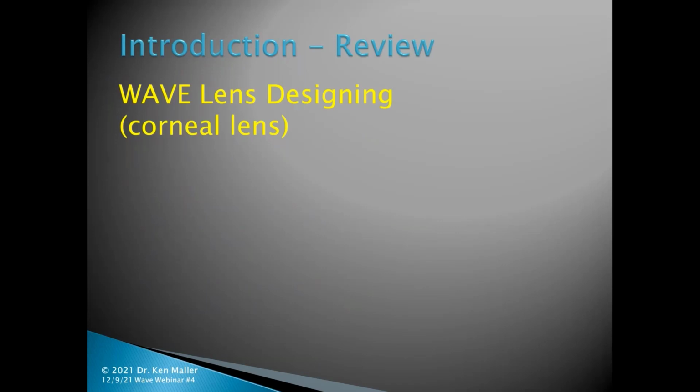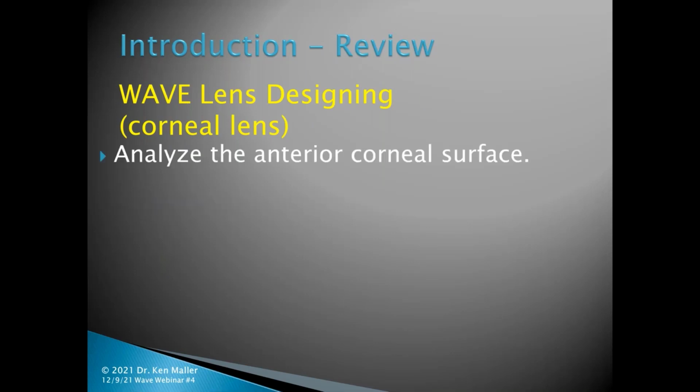So let's go back and recap. This was a brief review of webinar 3. We were talking about designing up a WAVE corneal lens, and we talked about these particular topics. First, we have to start by analyzing the anterior corneal surface.